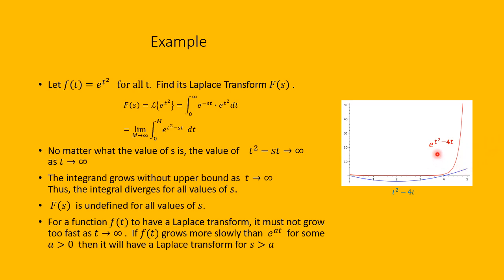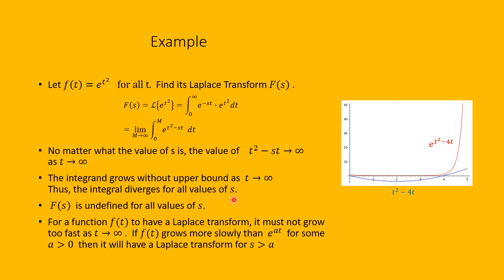If you look at e to the t squared minus 4t, what's going to happen there? It's shown in red. Well, for negative values of t, e to that negative value is pretty close to 0, but once t squared minus 4t starts getting big out here, e to the t squared minus 4t gets very big and just keeps going up as you increase the values of t.